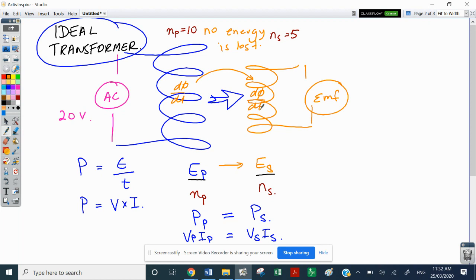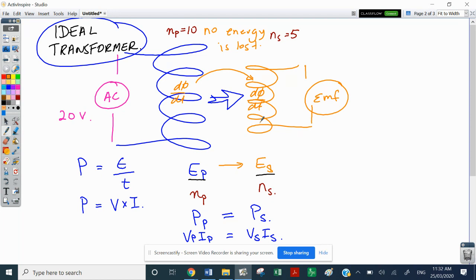Because these coils are close by, the change of flux from the primary coil is the same as the flux in the secondary coil, because this coil over here is in the vicinity of this flux here. So the change of flux from the primary is the change of flux in the secondary, and that induces EMF. That means that the voltage in the secondary coil will be not created, but transformed from the EMF in the primary coil.